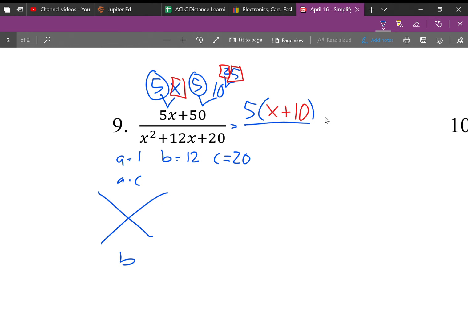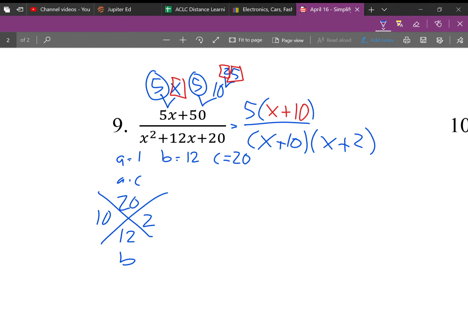That ends up being 20 on the top, 12 on the bottom, and the numbers that work here are going to be 10 and 2. Since a is 1, I'm ready to write this down as x plus 10 times x plus 2.